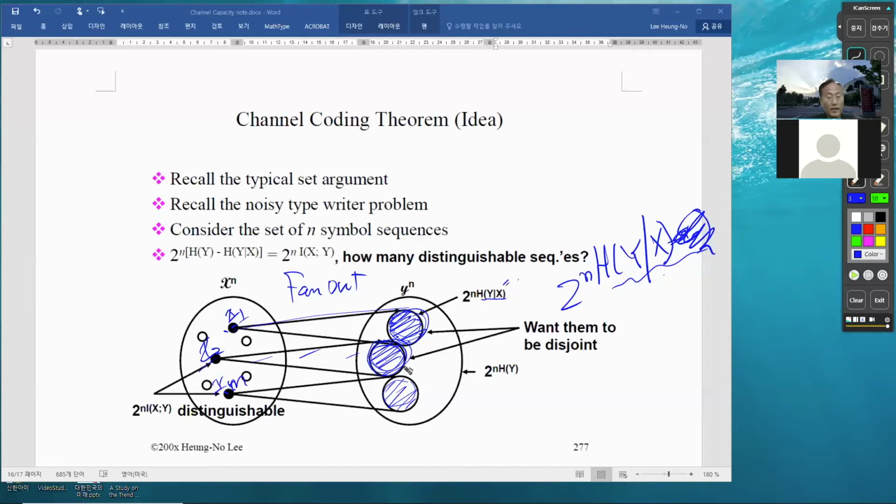In such a case, we can obtain the capacity of the noisy typewriter problem.